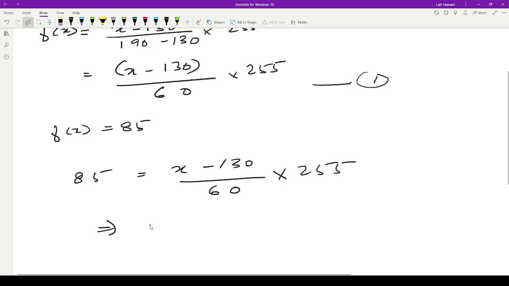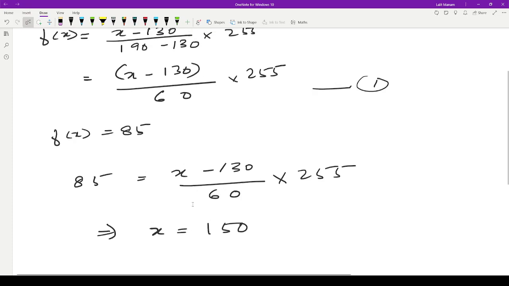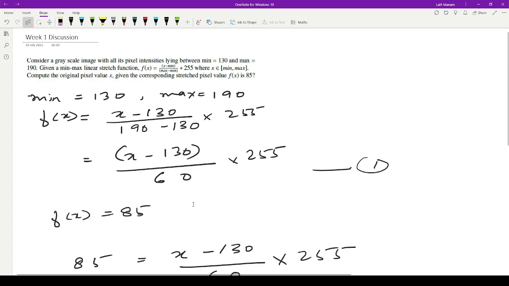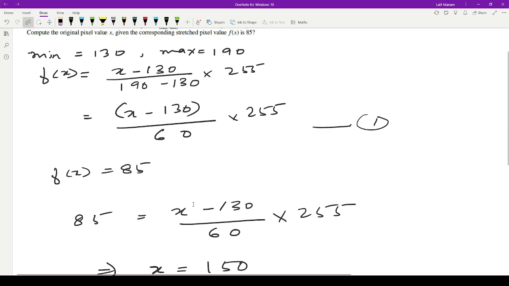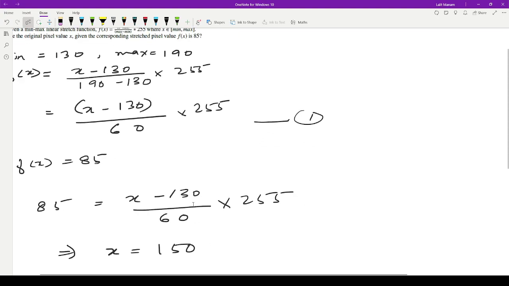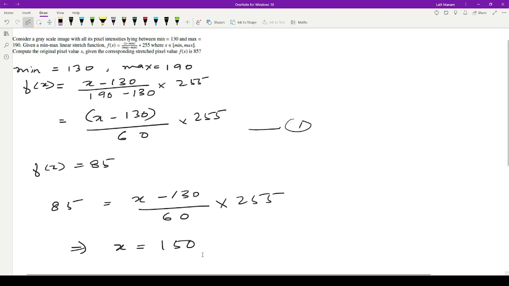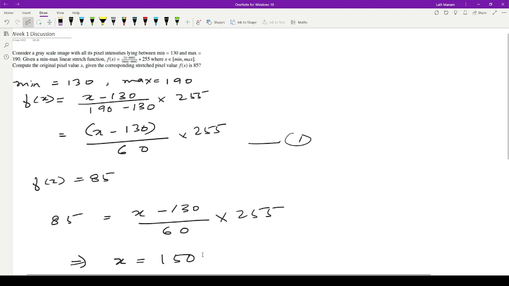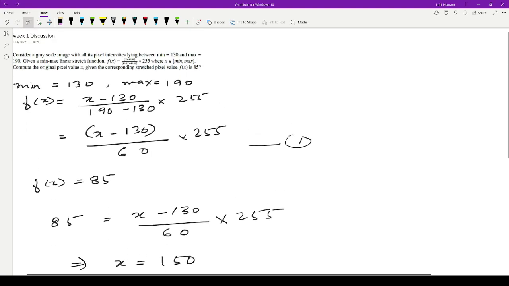If we solve this, we get the value of 150. I hope this question is clear. If you have doubts, you can just raise it. Okay, so we'll move on to the next question.